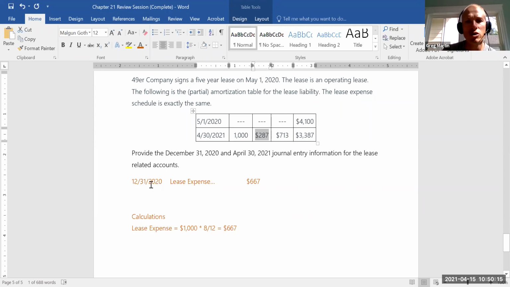So on December 31st, 2020, there is no payment, but is there interest? Just give me a yes or no in the chat. Is there inferred interest as of 12/31? Yes, absolutely. Does anybody know how much that inferred interest amount would be? Is it the full $287?